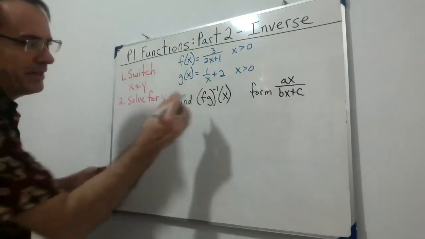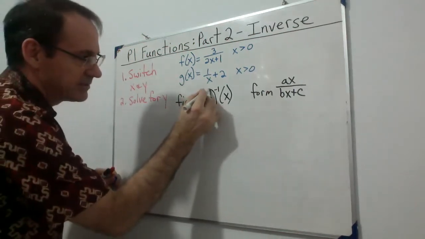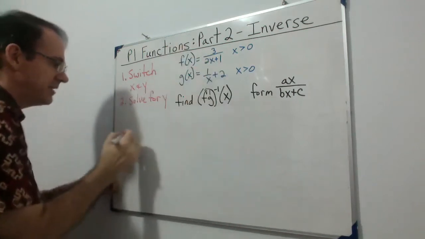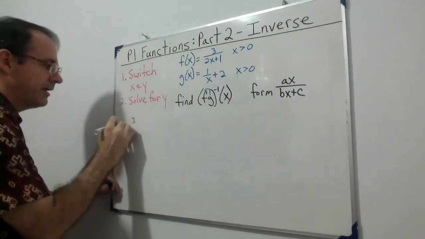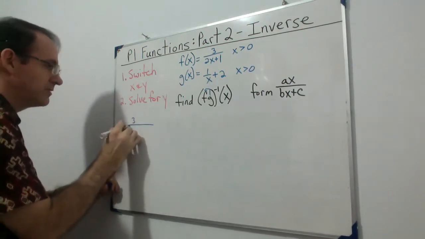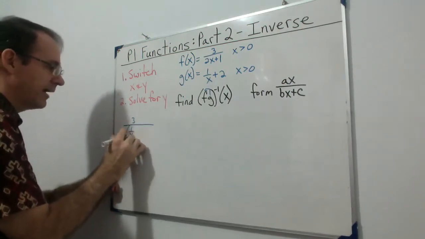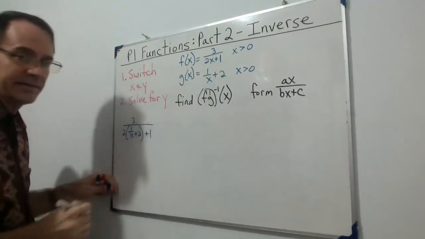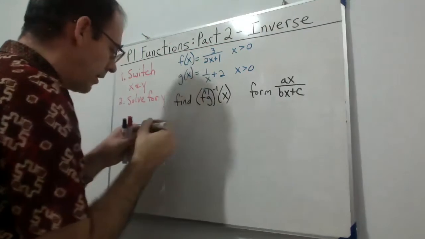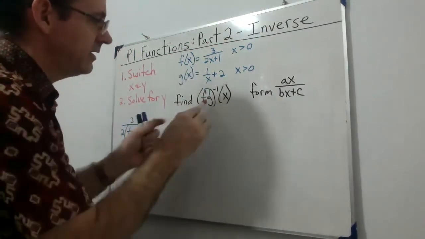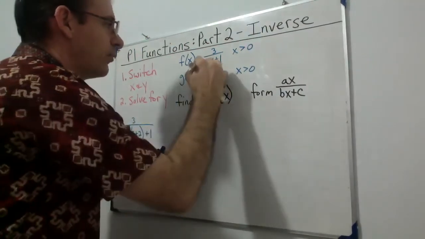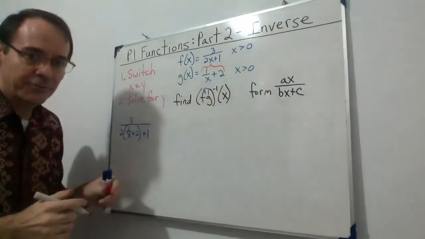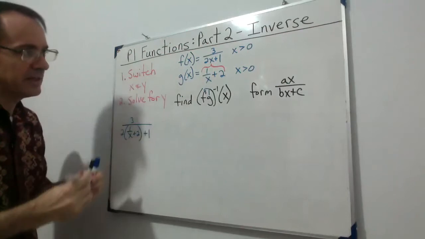So that means we have to put g of x into f of x. If we put our g into f, we get 3 over 2 times 1 over x plus 2, and then don't forget the plus 1 on the outside. So we're putting our g function, that's the inside, and we're working our way out into the x of the f function.